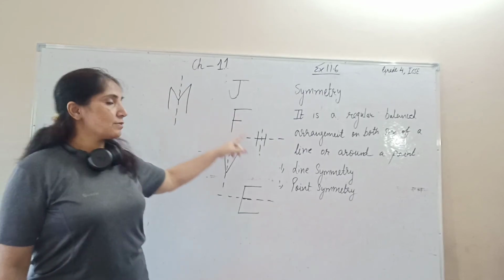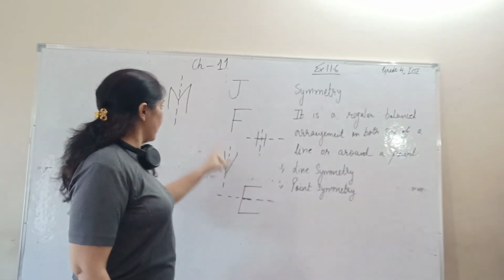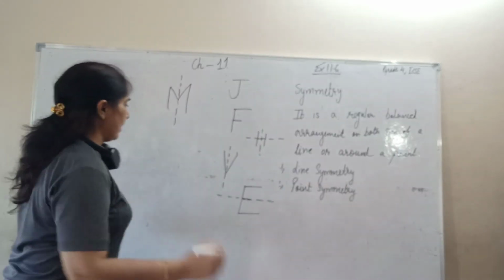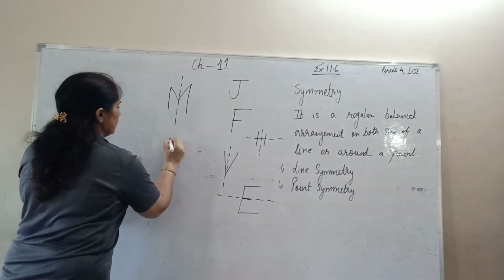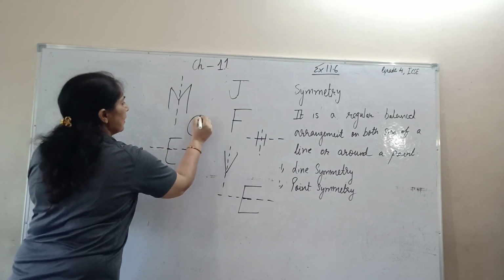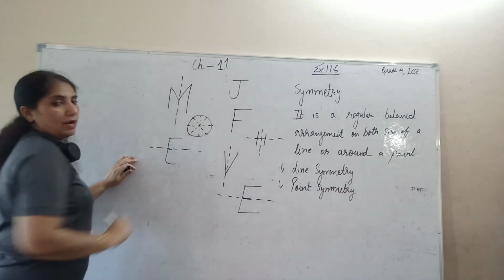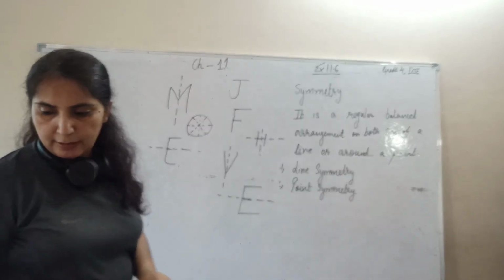In mathematics, whenever we do some construction, we use dotted line. See, everywhere I have made symmetrical line like this only. So this way you have to draw symmetrical line.